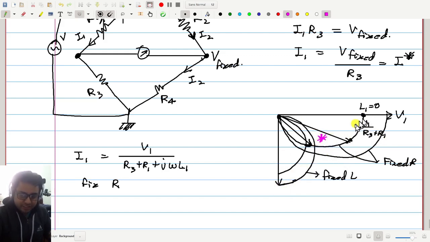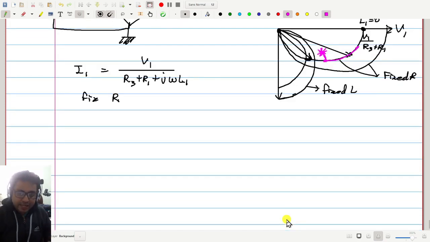So I may start from some value of R and L, keep the resistance fixed, and vary the inductance. I may come up to this point, and after this I may keep the inductance fixed and vary the resistance and move in this way, and I may come here, and then I will get the balance. That is what will happen in a nutshell.